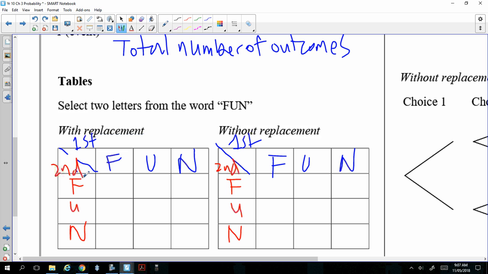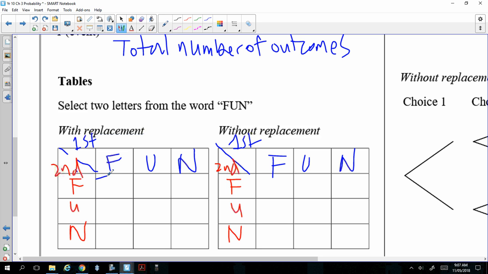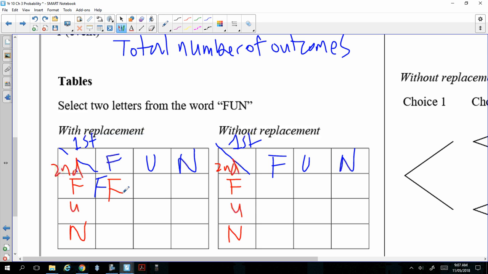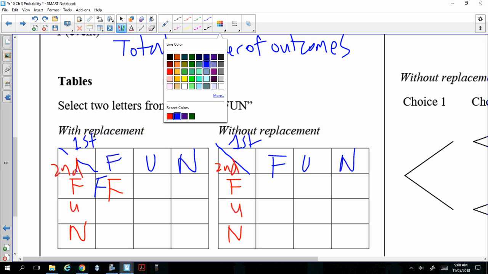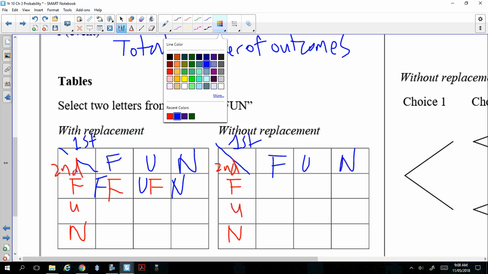So with replacement, once you select the letter F, I could select F again, or I could select the letter U, I could select F, I could select letter N, I could select letter F, like that.